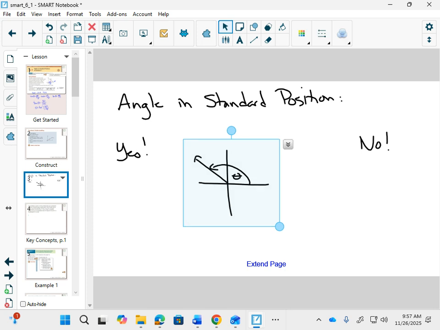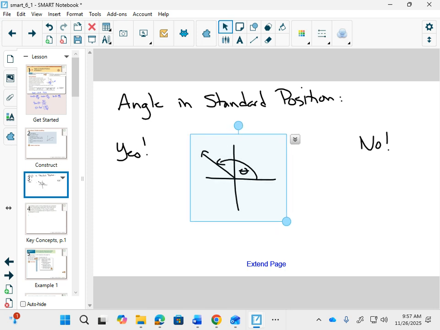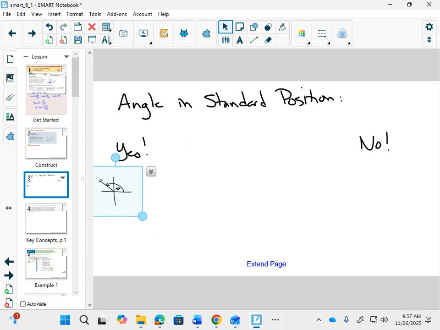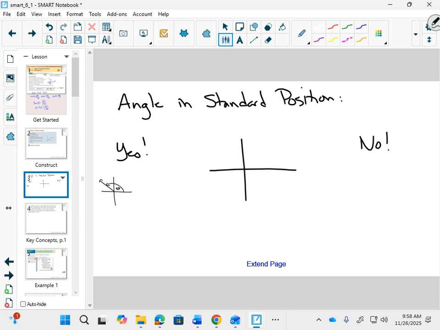Oh, good. This one is in standard position. But this one is not. Whoops.